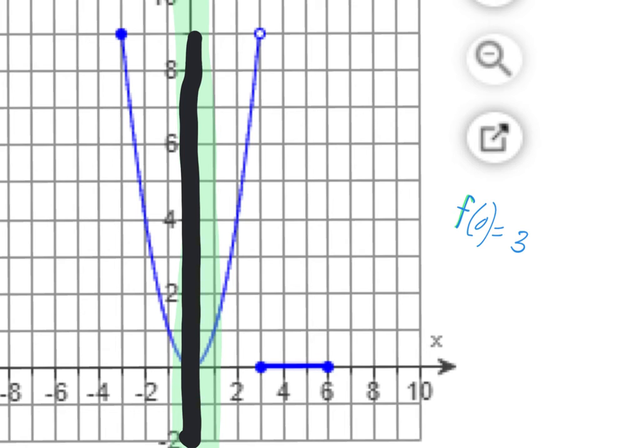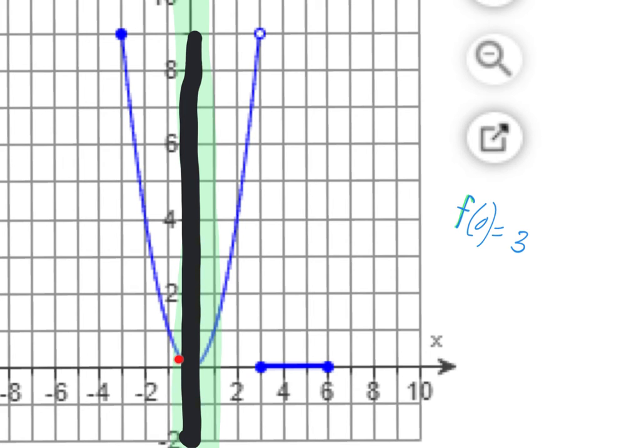I don't even know if it's defined at 0 or not, because I don't care what's happening exactly at 0. I care about what's happening as I'm getting closer and closer and closer and closer to 0.